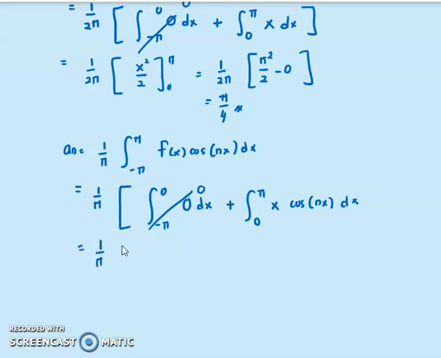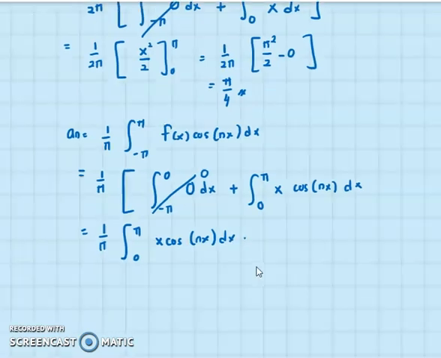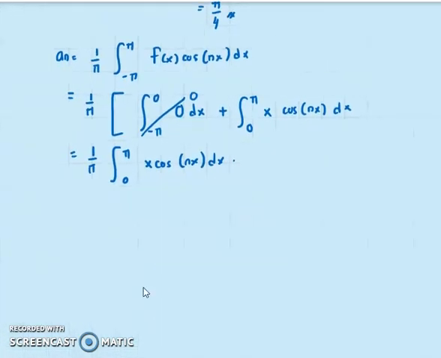So all we want to find is the integral from 0 to pi of x cos nx dx. Now you cannot say this is an odd function or this is an even function. Okay, the interval must be from minus pi to pi in order for you to decide whether it is an even or odd function. So in this case, we just have to integrate.